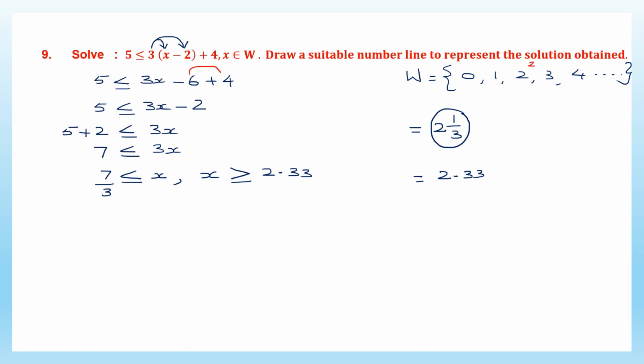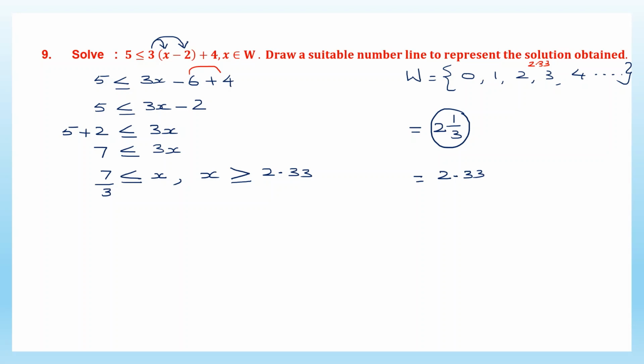We have to write all numbers that are greater than 2.33, that means starting from 3. And it also says equal to 2.33. Now 2.33 is not a whole number, is it? So we have to leave out 2.33 and write all numbers from 3 onwards.